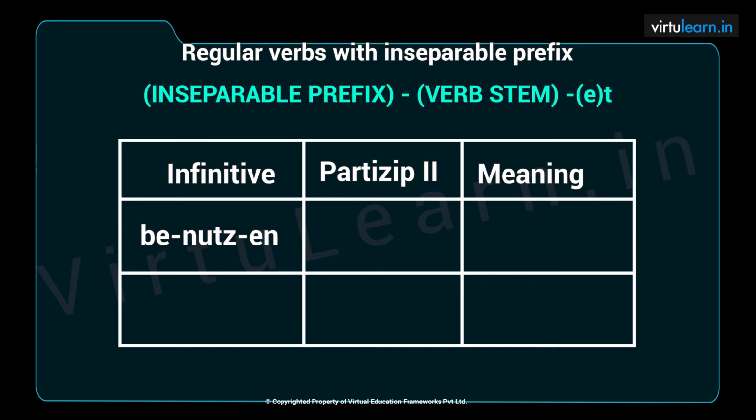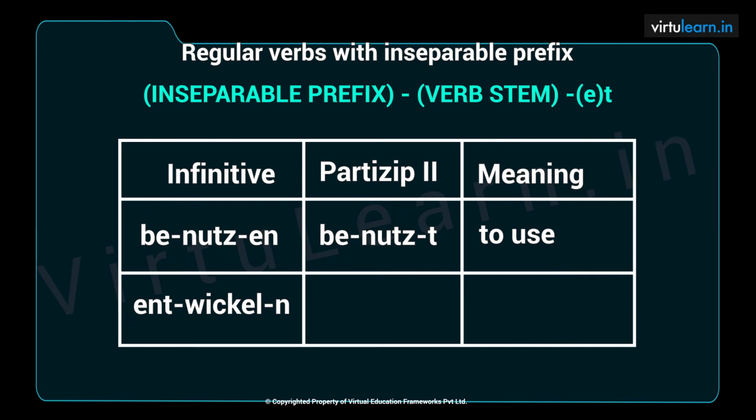There is no GE prefix, rather the ending T is standard. So it becomes benutzt. Entwickeln. No GE. Remove the en ending of the verb and add the T to the end. It becomes entwickelt.